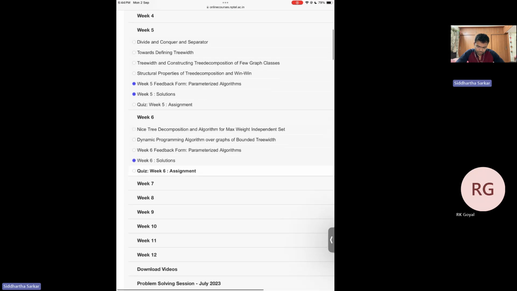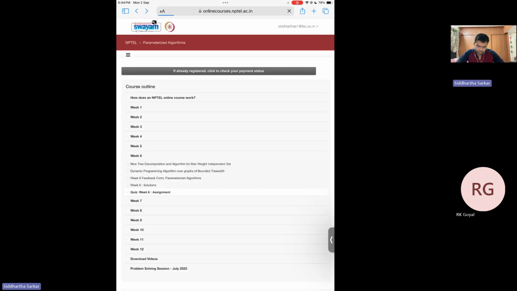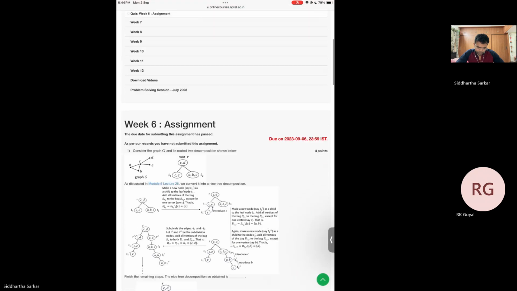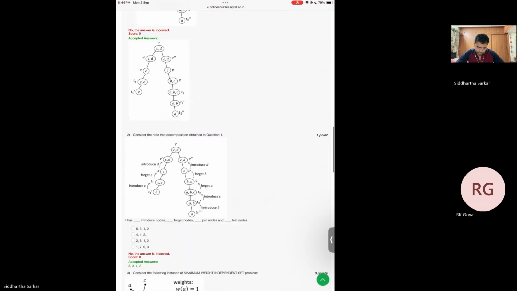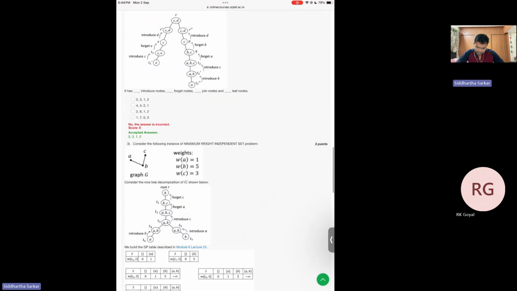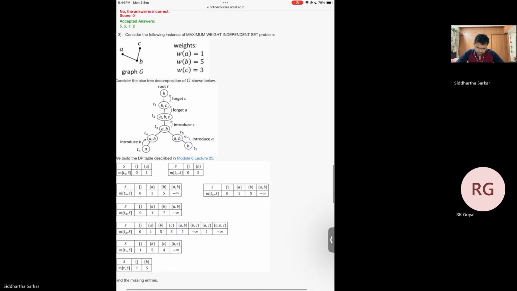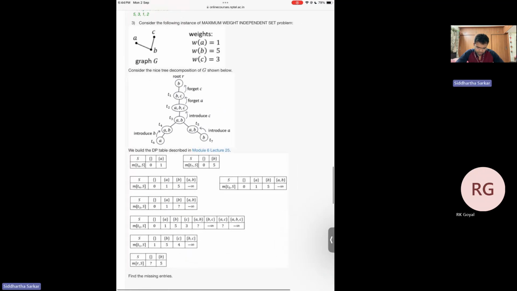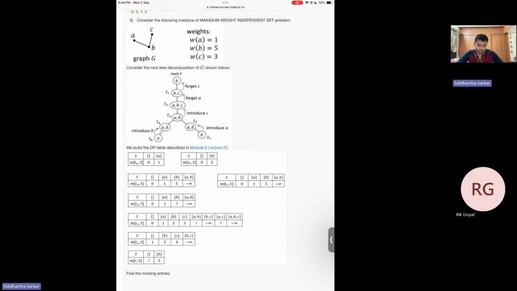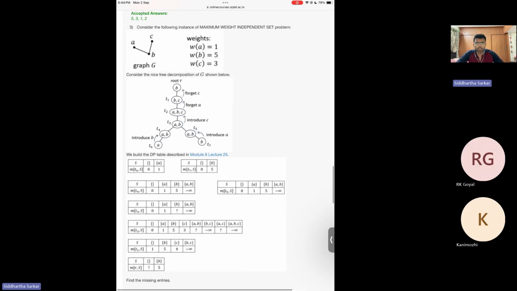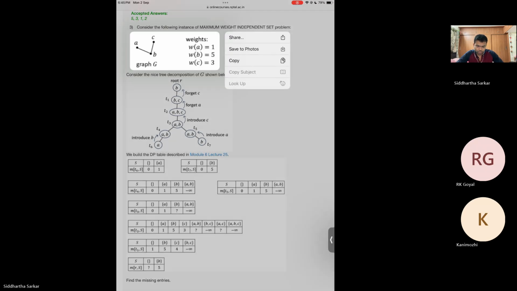Today, we will see a different DP, although it is considerably more complicated. That is why I think they have given a very simple example, 3 nodes. So let me copy this graph.